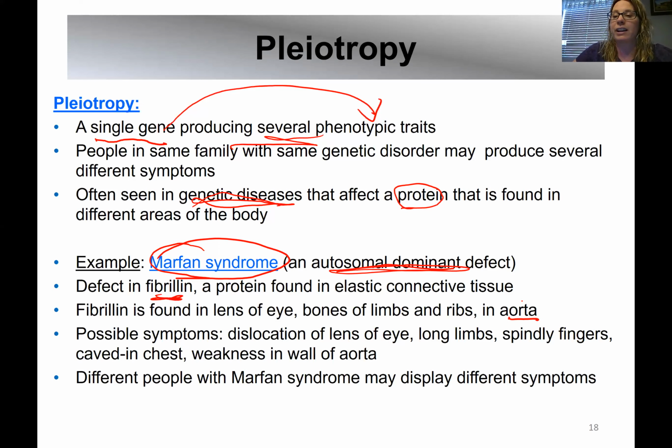That defective fibrillin would cause problems in the aorta and actually can cause a person to have an aortic aneurysm, which is where the aorta bursts, and death could occur very, very quickly because of blood loss. Okay, bones, ribs, the lens of the eye also has this protein. And so that one gene affects several different traits around the body. Different people with Marfan syndrome have different manifestations of symptoms.